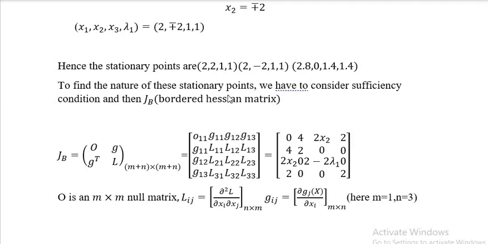To find the nature of these stationary points, we have to consider sufficient conditions. We have to form a bordered Hessian matrix JB. The bordered Hessian matrix JB is the matrix [O, G; G transpose, L], and its order is m plus n by m plus n.